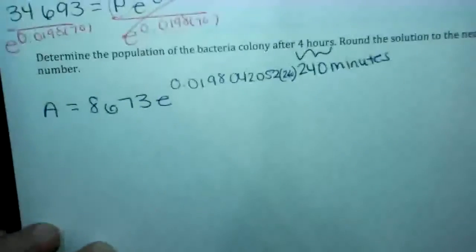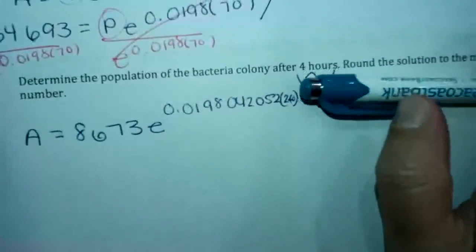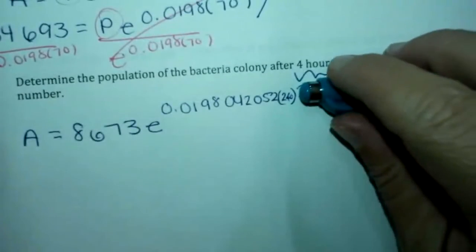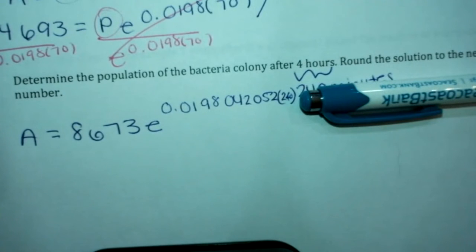Let's plug this into our calculator: 8673, second ln, e to the power of 0.0198042052 times 240.